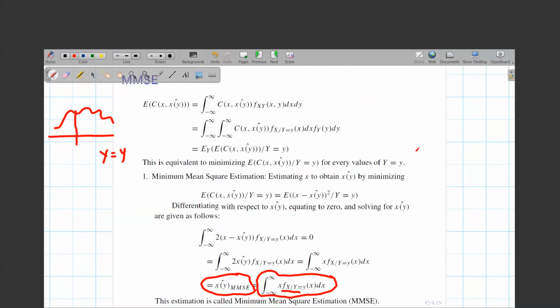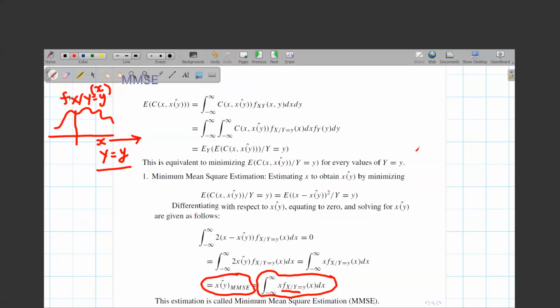You are fixing y equal to y, and then you find the density function of x given y equal to y. It is a function of x because you are fixing y, right? And then you find the mean of this random variable x.